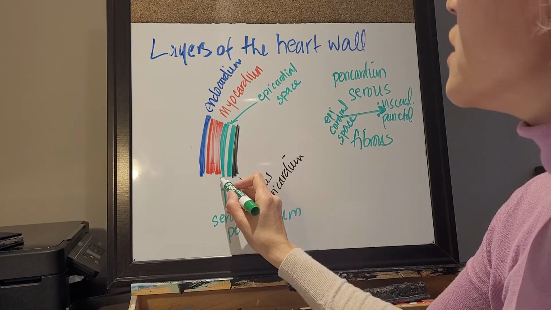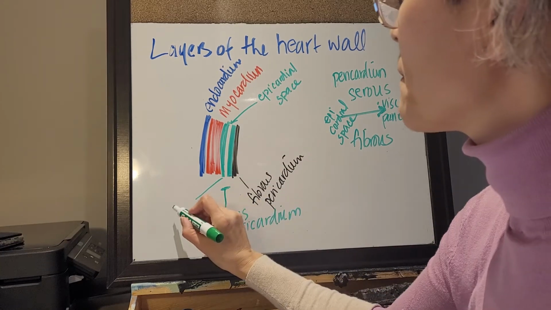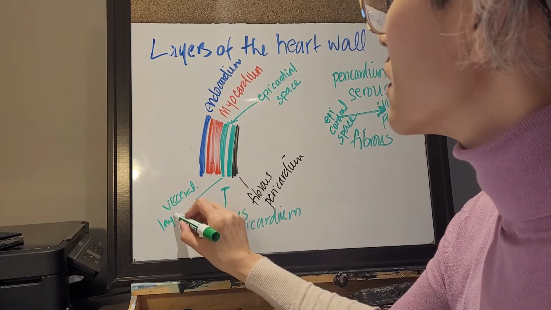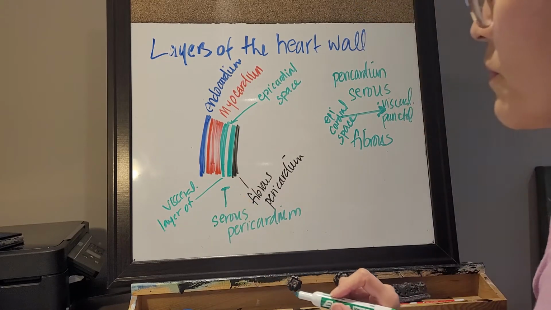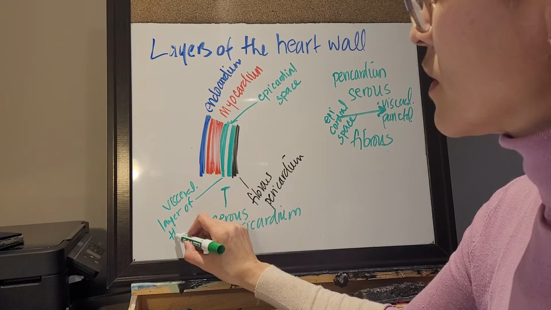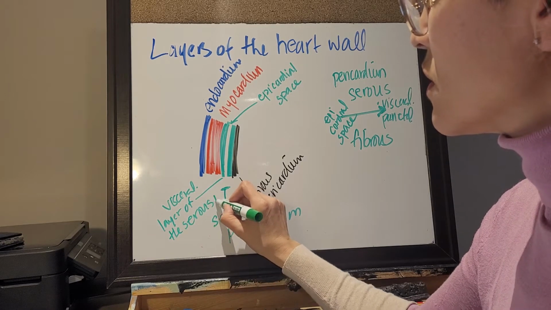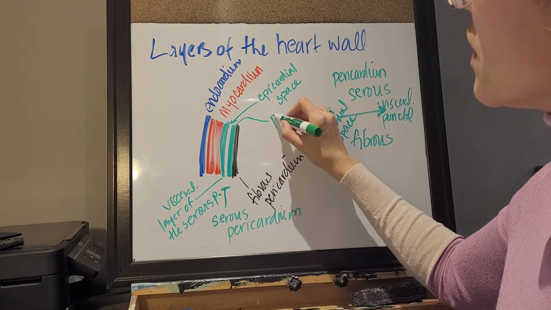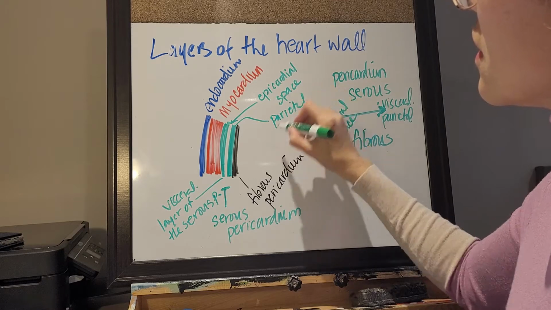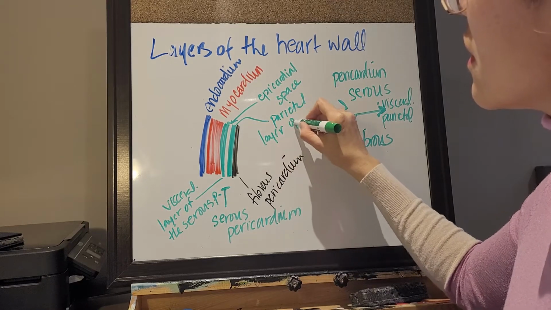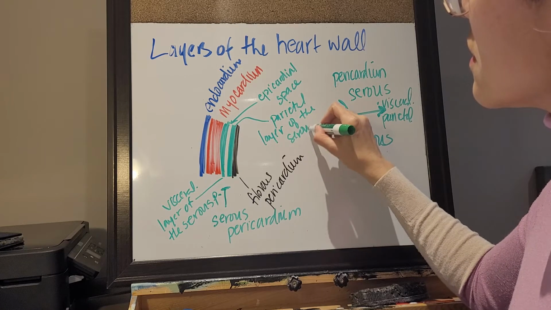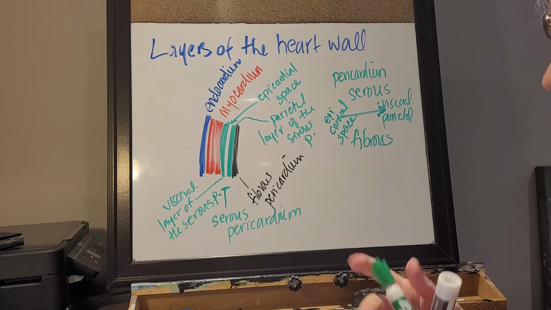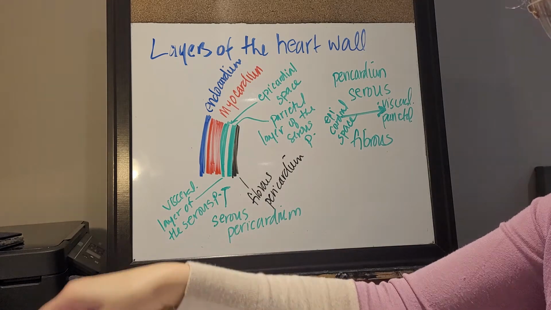And this here is the visceral layer of the serous pericardium, and this here would be the parietal layer of the serous pericardium. Okay? Good.